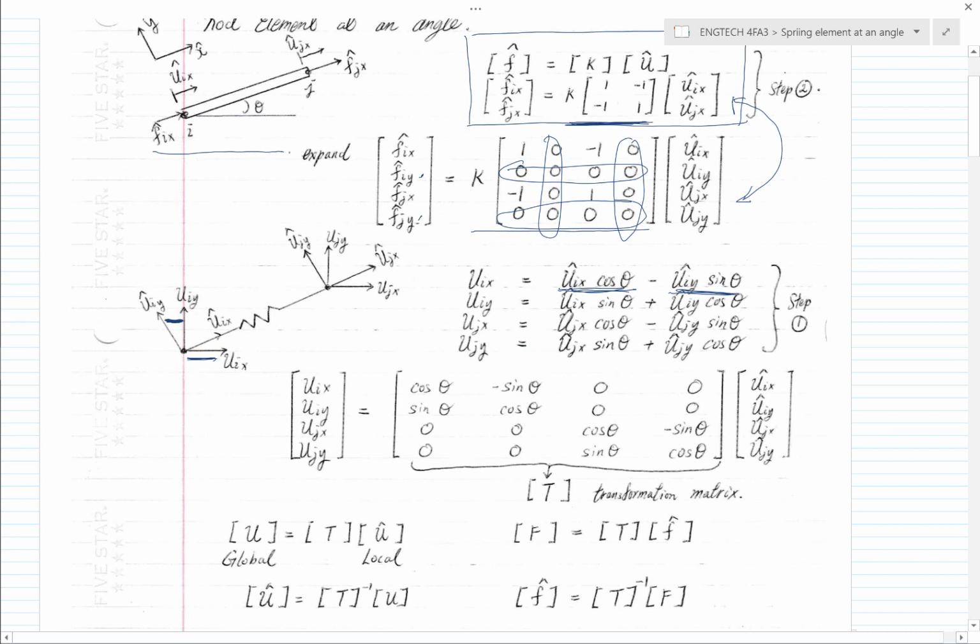Similarly, if I want to find Uiy without a hat, it is Uix hat sine theta, this portion, and Uiy hat cos theta, which is right here.